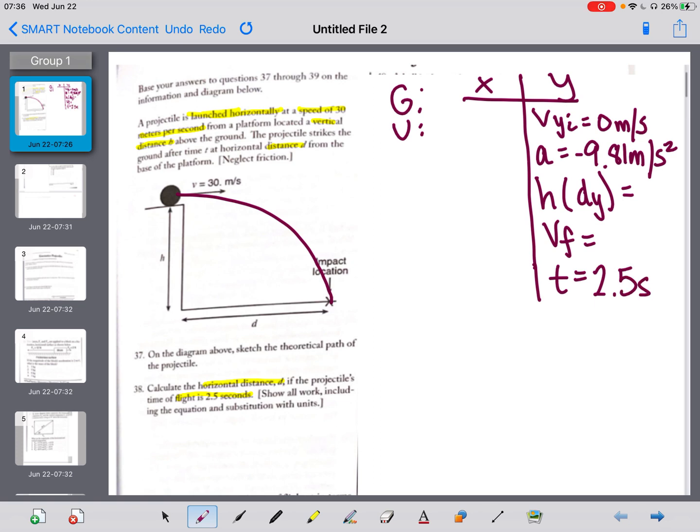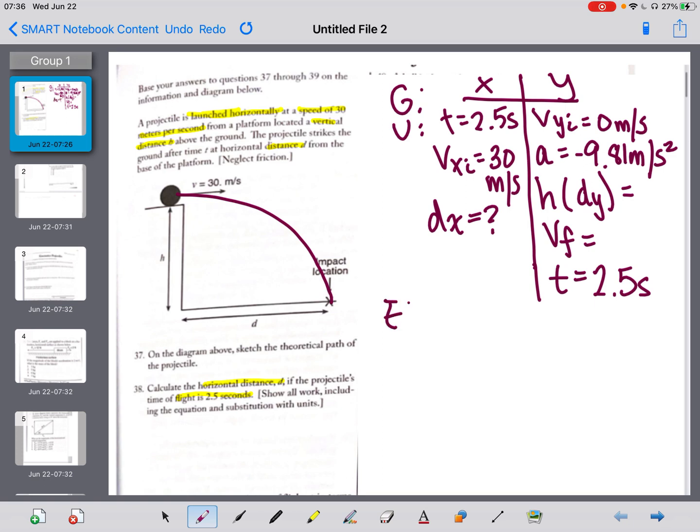Because you have a half parabola, that 2.5 seconds is going to work for both the x and the y, so I could also put it here, 2.5 seconds. We know that my horizontal initial velocity is 30 meters per second, and they want us to find dx, which we call the range.